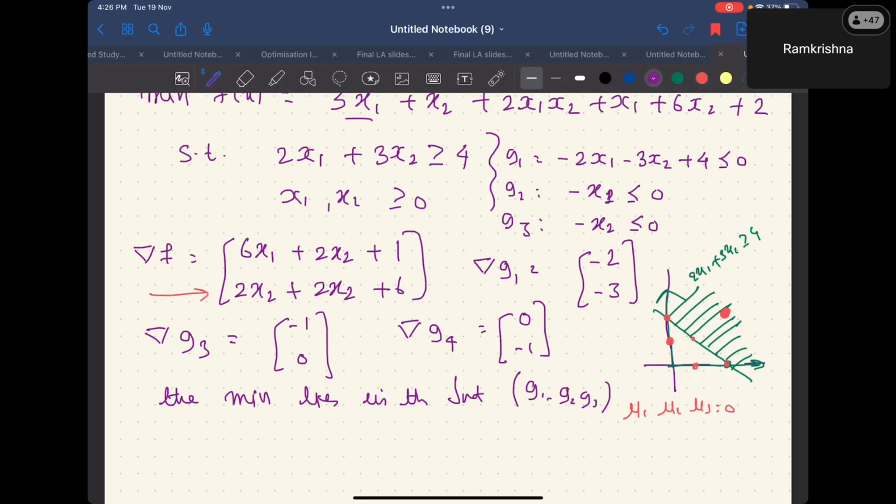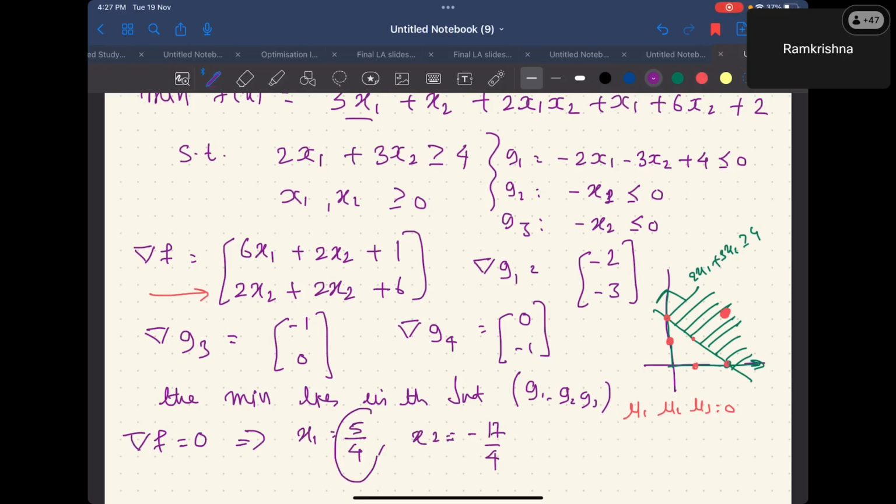without any constraints. So this gives me a solution that if I just plug in quickly gradient of f equal to 0, this gives me 6x1, okay, x1 is 5 by 4, x2 is minus 17 by 4. Is this a good solution?